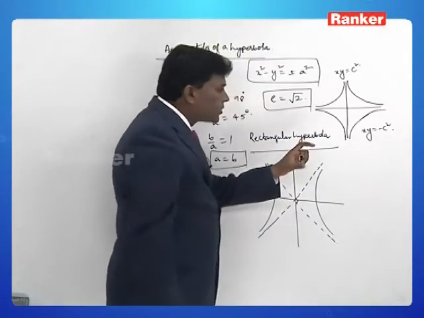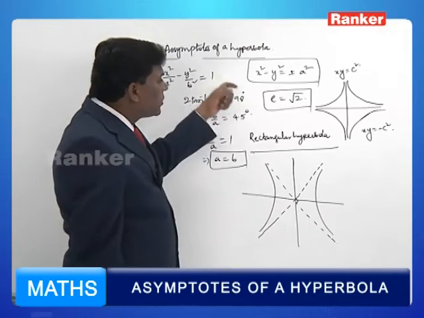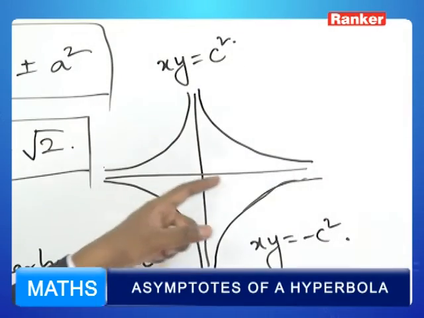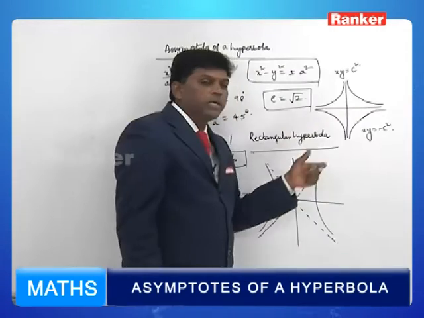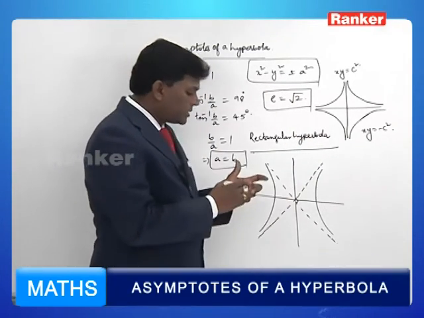By a simple rotation of axes, we get the rectangular hyperbola equations with the asymptotes as coordinate axes as xy equal to plus or minus c square.